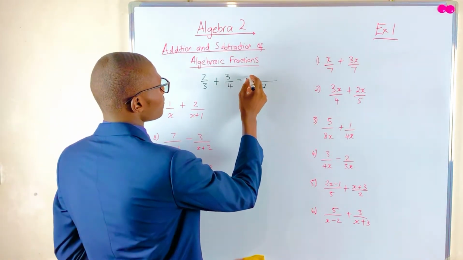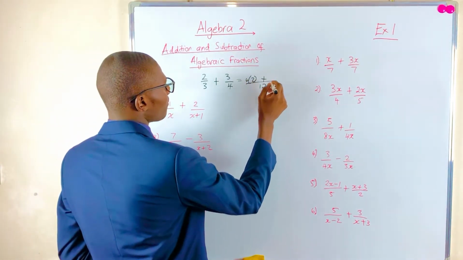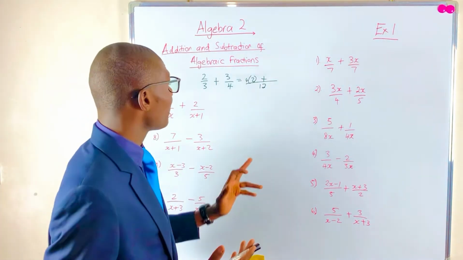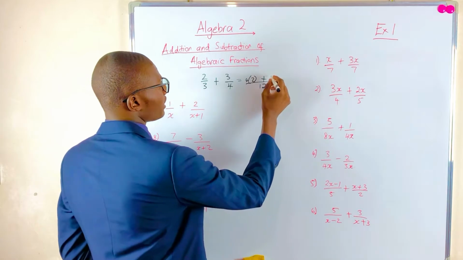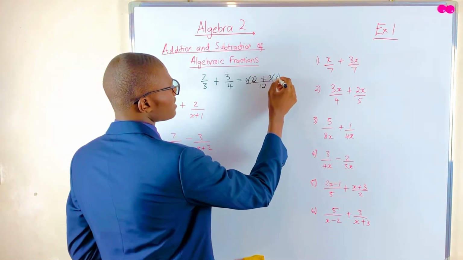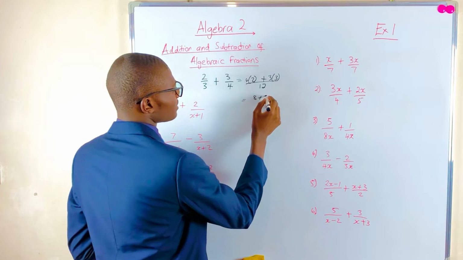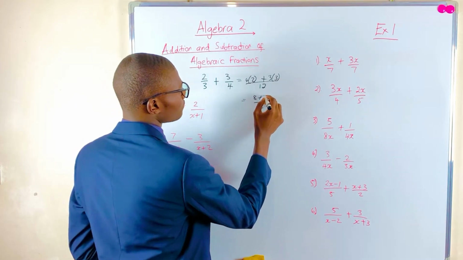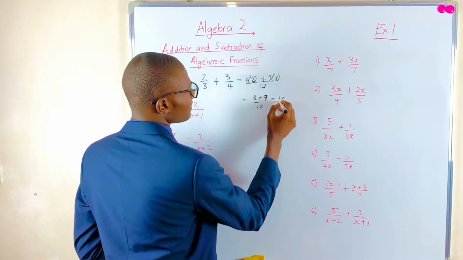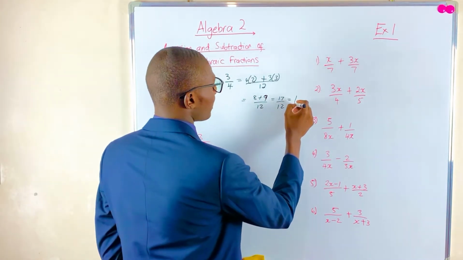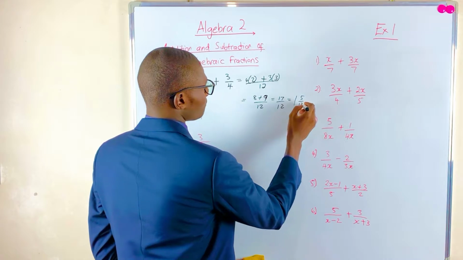Then 4 times 2, plus 4 into 12, we get a 3. Then that 3 times 3 in the numerator for the second expression will give us 8 plus 9 over 12, which will give us 17 over 12. And you can further simplify this to 1 and 5 over 12.